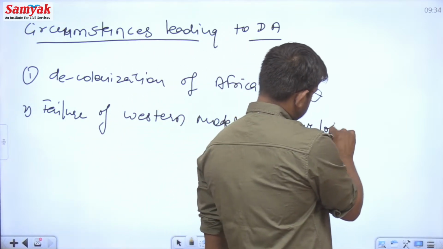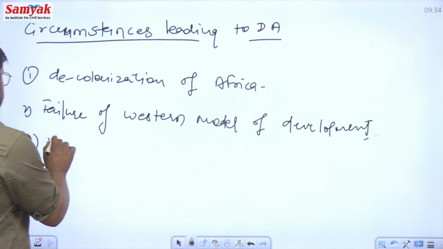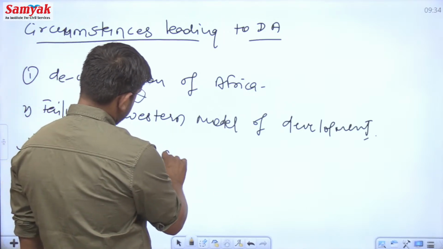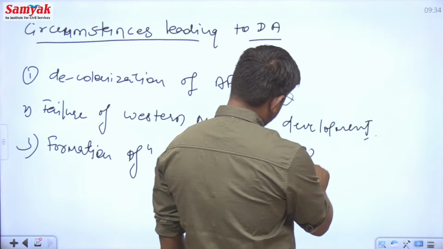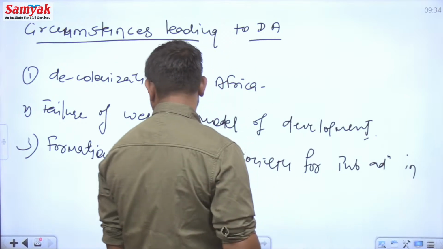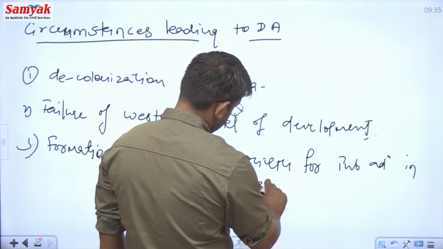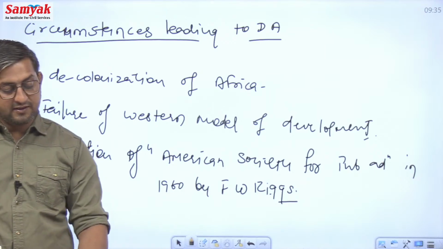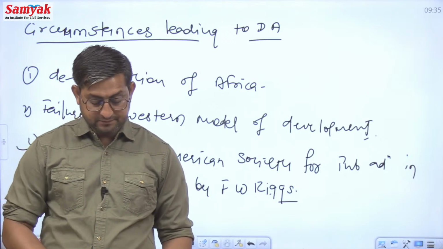Third, formation of the American Society for Public Administration in 1960 by F.W. Riggs. So these are considered the circumstances which led to the development of development administration.